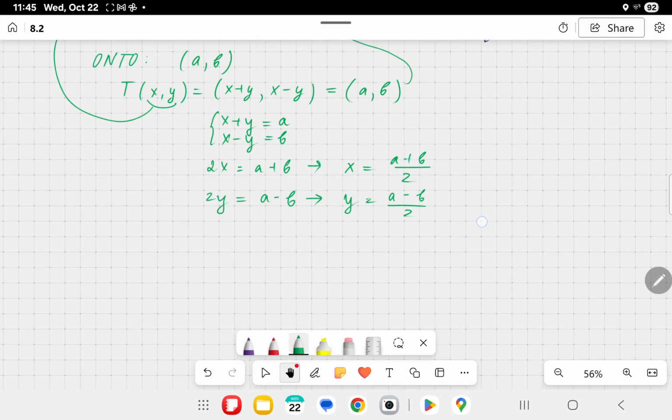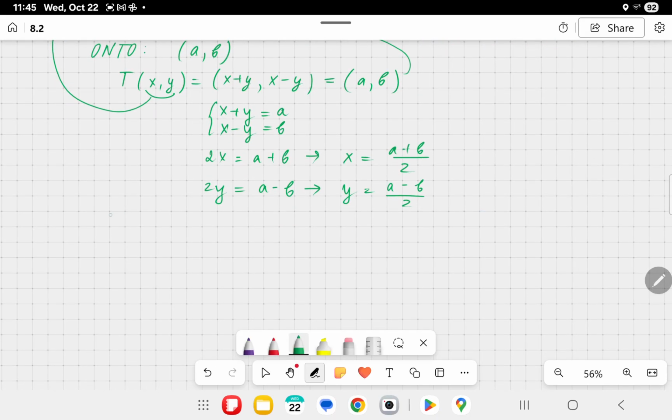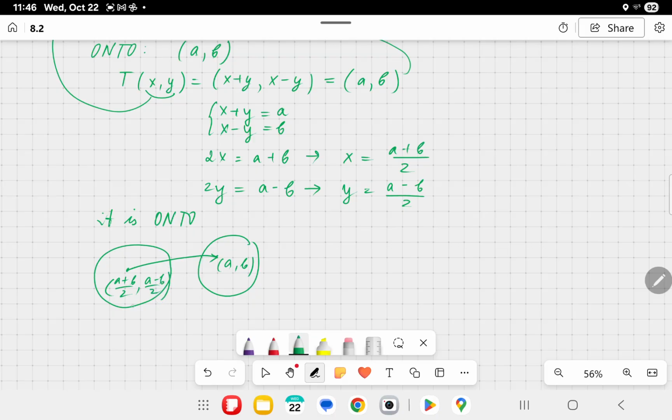So I'm going to write down it is onto. Any vector from here with coordinates a and b is going to have something which is producing this vector, and that something is actually going to have coordinates (a plus b) over 2, (a minus b) over 2. So every vector here, well, it's onto.